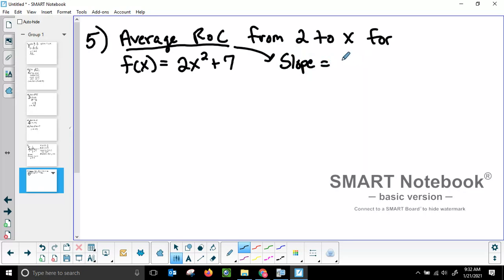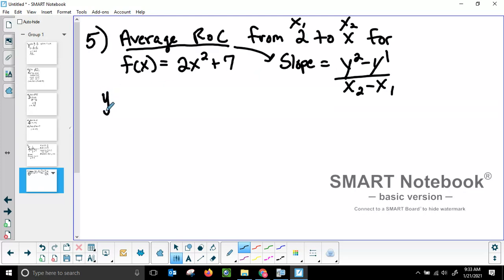Our formula for slope is y2 minus y1 over x2 minus x1. So this is going to be my x1. This is going to be my x2. And then of course to get my y's, I plug it into my function.